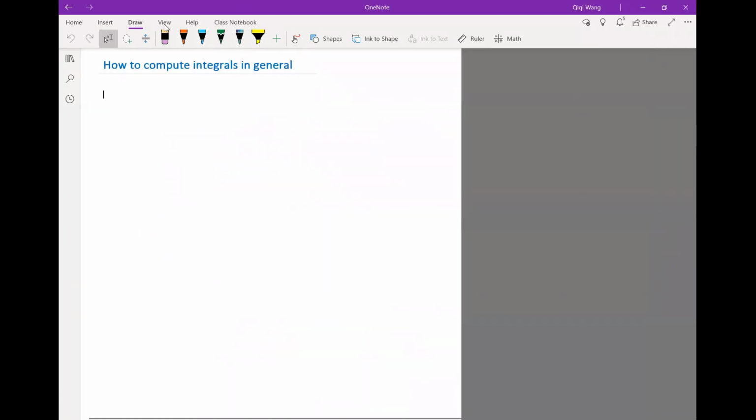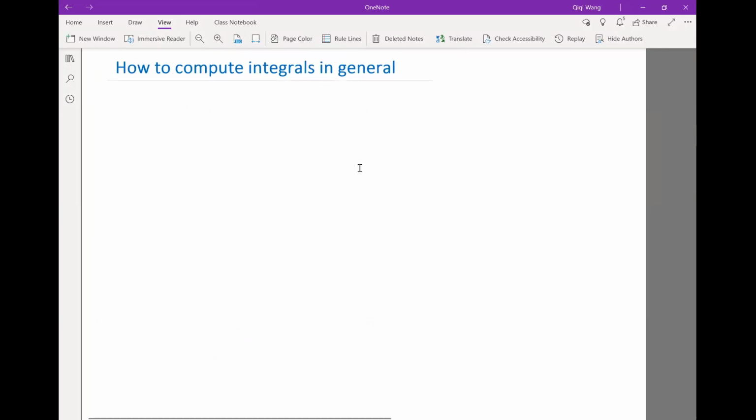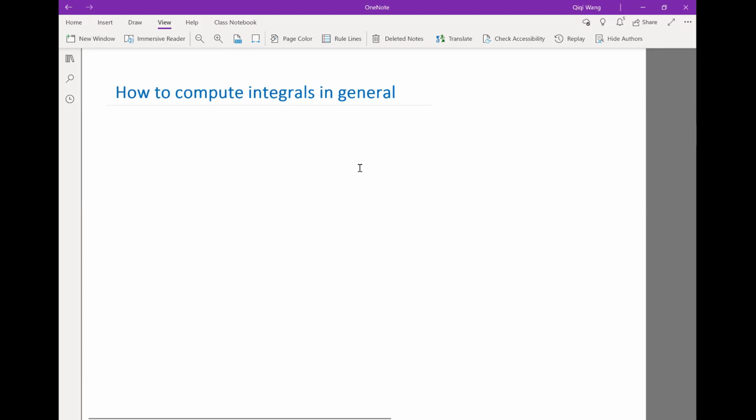What I want to discuss more today is how we compute the kind of integrals we want to compute in finite elements. For example, we have skipped over how to compute the integral of phi times f dx, because we have been focusing on the case when f equals 1. In general, f is not equal to 1.